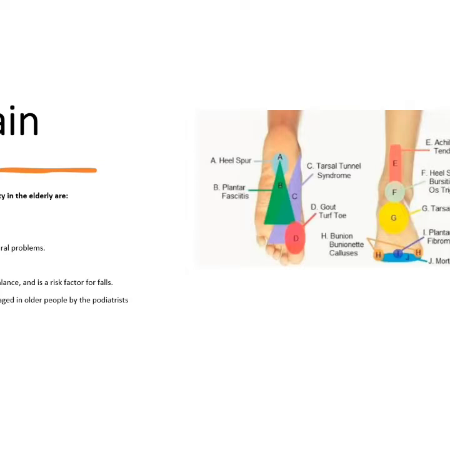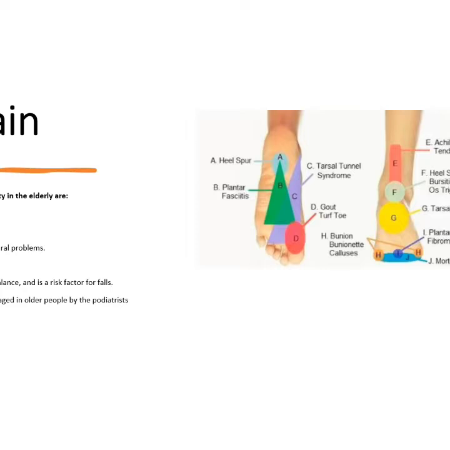Predominantly, corns and calluses can cause pain in the elderly, along with circulation and structural problems. As we mentioned before, structural problems can cause calluses, can also cause corns to develop, and those areas will be painful.